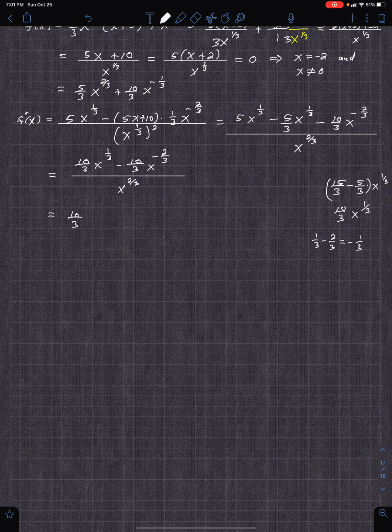So 10/3 x to the negative 1/3 minus 10/3 x to the, and then you get negative 2/3, and you subtract another 2/3, you get negative 4/3. Like that.